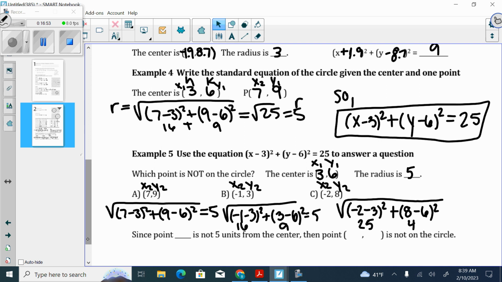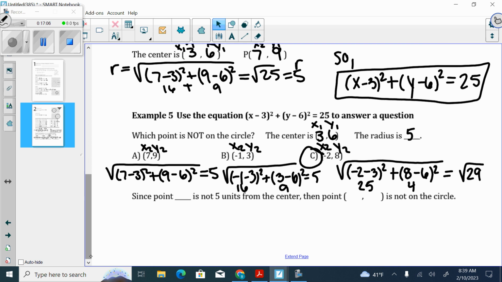And 25 plus 4 is 29. And is the square root of 29 5? No. So this would be the point not on our circle. Okay? So, since point C is not 5 units from the center, then we know that the point negative 2, 8 is not on the circle.